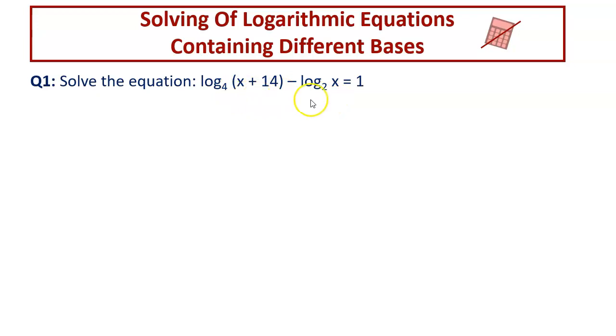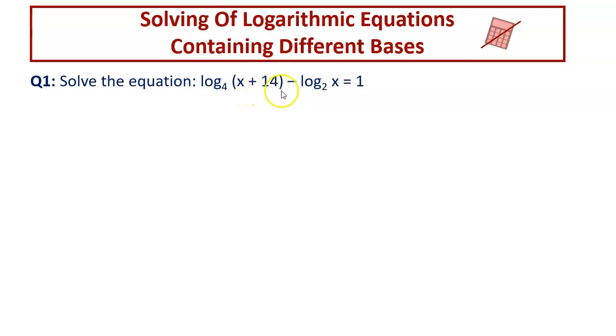If you have a logarithmic equation where the logarithmic terms are having different bases, the first thing that you have to do is to bring them to have the same base. They should be having a common base. And how can you make them have a common base? You can select the common base as one of these two numbers, or you can take some other number, say base 10.